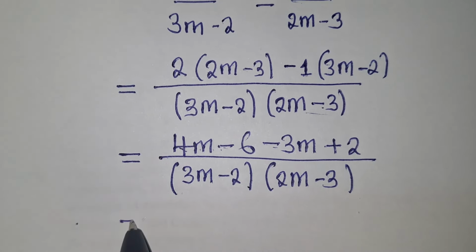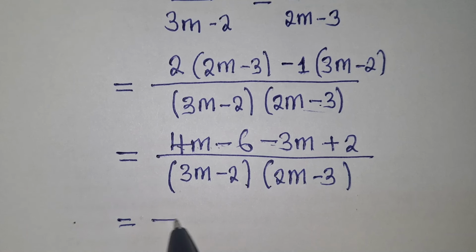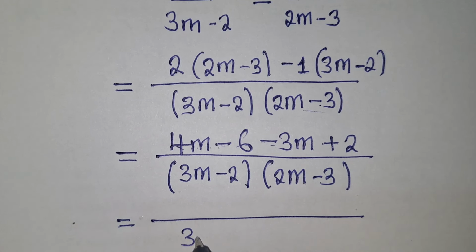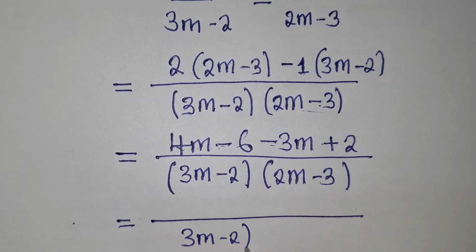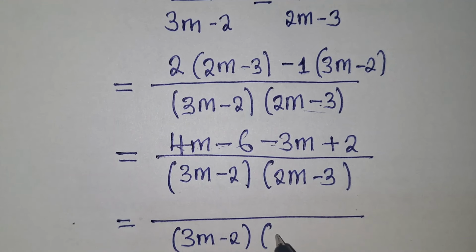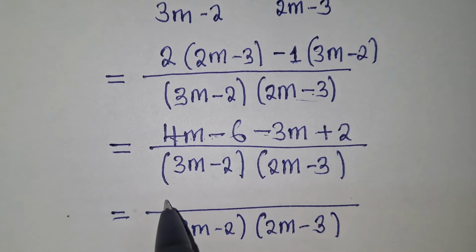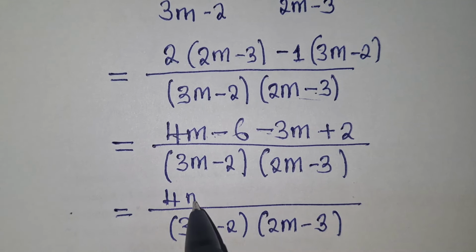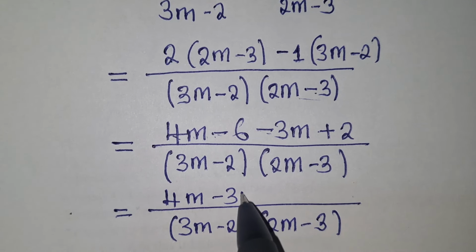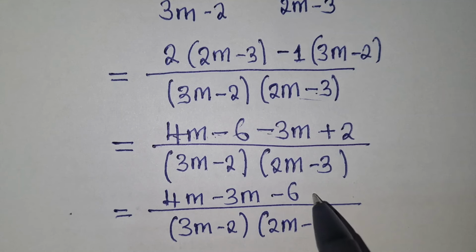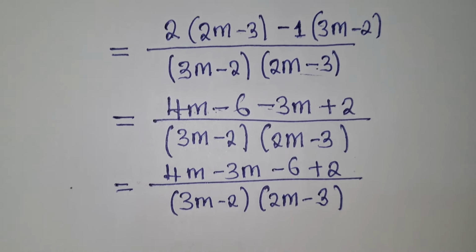So from here, we can say equal to, we now group the like terms, whilst the denominator is maintained. So we have 4m minus 3m minus 6 plus 2.